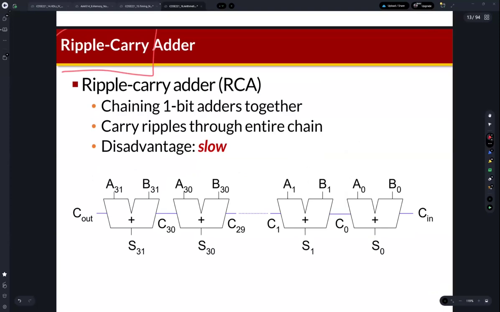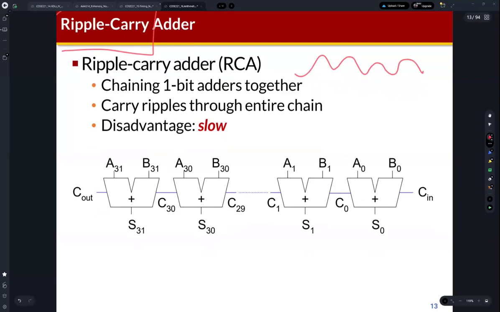The ripple represents propagation, the propagation of a wave. So this is called the ripple. In this normal addition, the carry is propagated from the LSB to the MSB. That's why this adder is called the ripple carry adder.